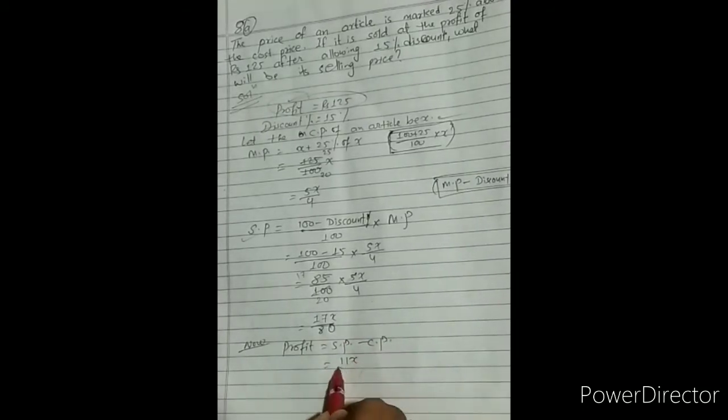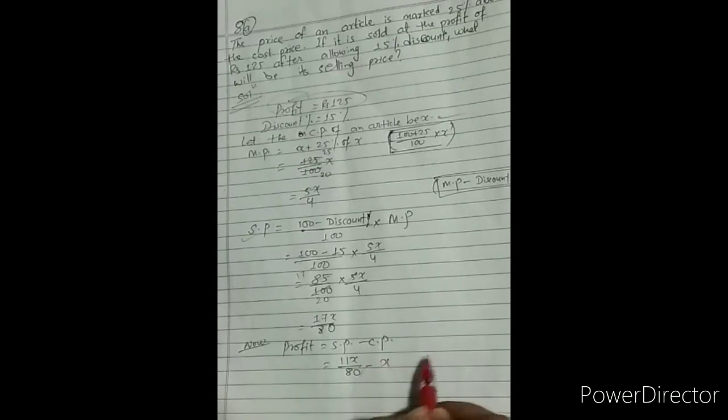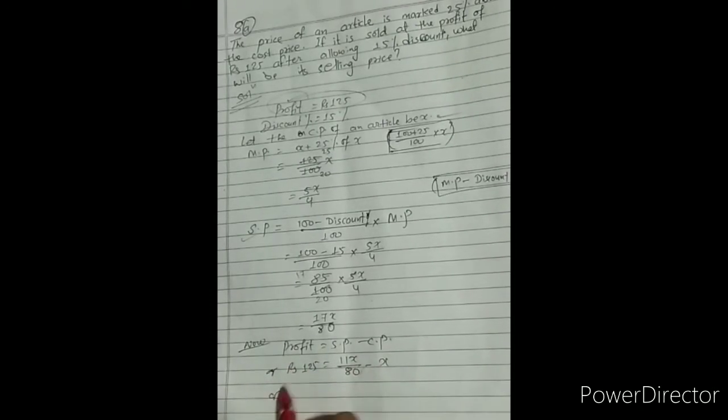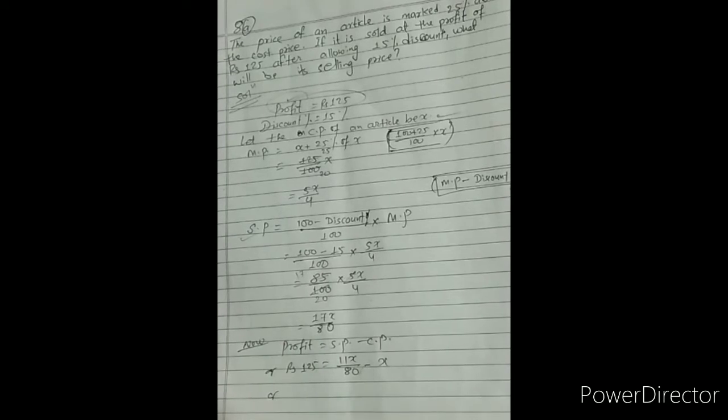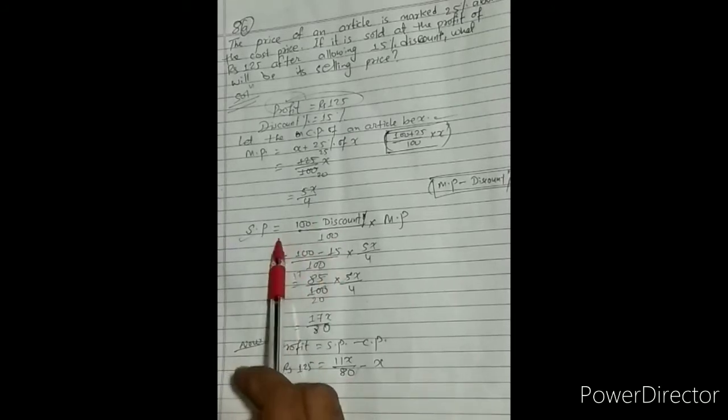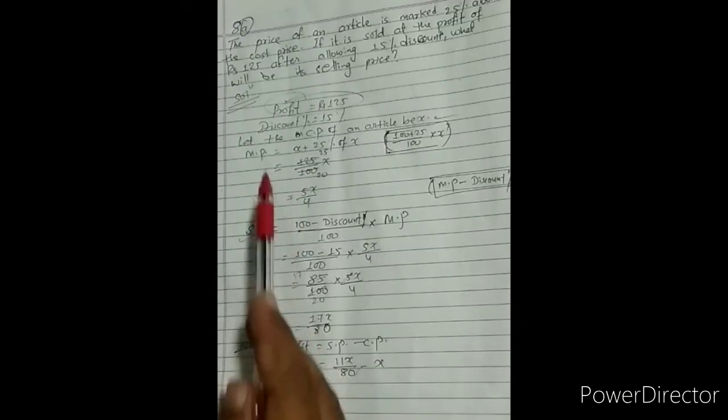SP is 17x by 80, CP is just X, and profit is given as 125. Now let's solve to get the value of X. First of all we get the value of X, that is CP, and after CP you can get MP and SP also.